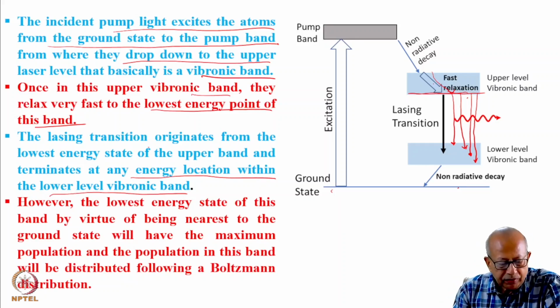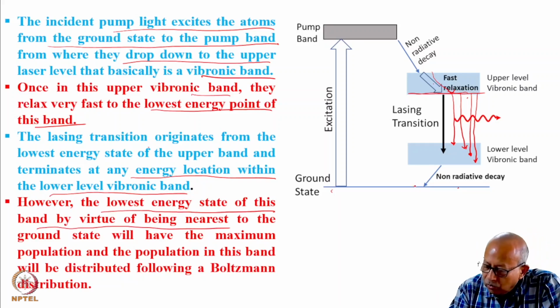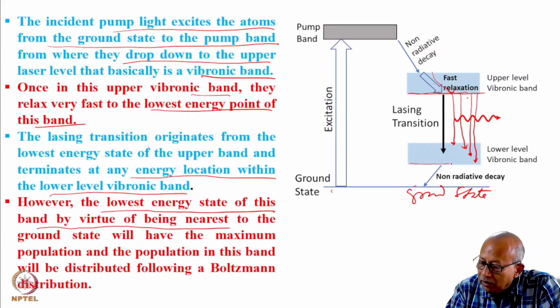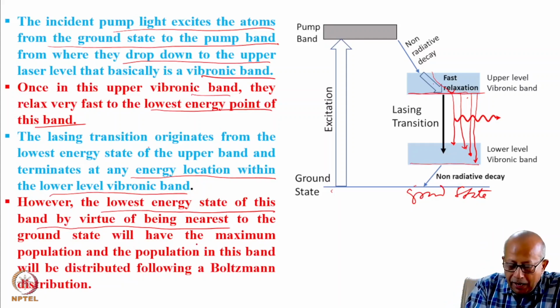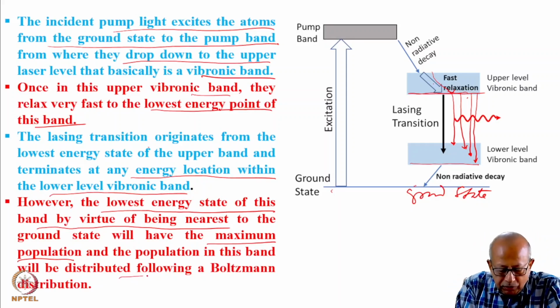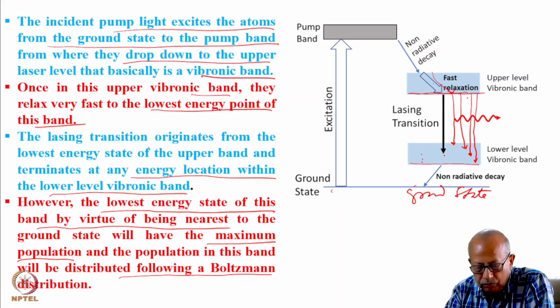However, there is some catch here. The lowest energy state of this band, by virtue of being nearest to the ground state, will have some thermal population. The lowest state will have the maximum thermal population, and the population of this band will be distributed following a Boltzmann distribution. As you go up in energy, the population will reduce.